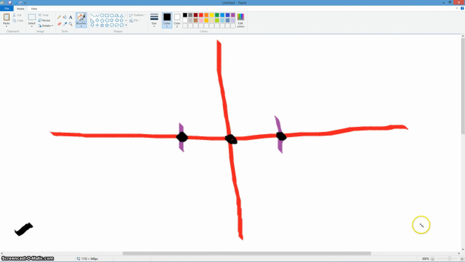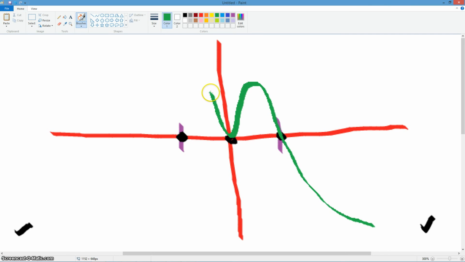Let's check mark them so I won't forget. That's what I like to do. And let's start. I'm going to start here, go through this x-intercept, and come back down. But the funny thing about double roots is that they don't exactly go through it. They reflect off of it.